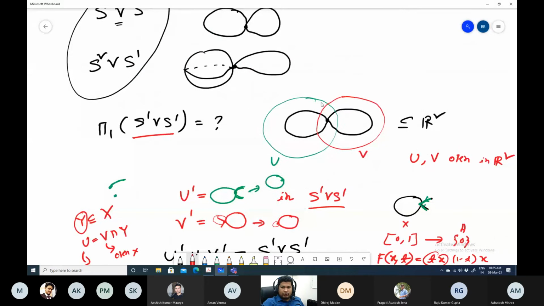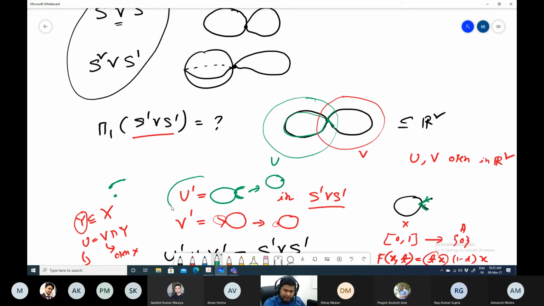Then what we'll do is take that disk U in R2, that is open in R2, and take the intersection with the whole space, that is Y. Then we get only this portion and this circle by taking that intersection.